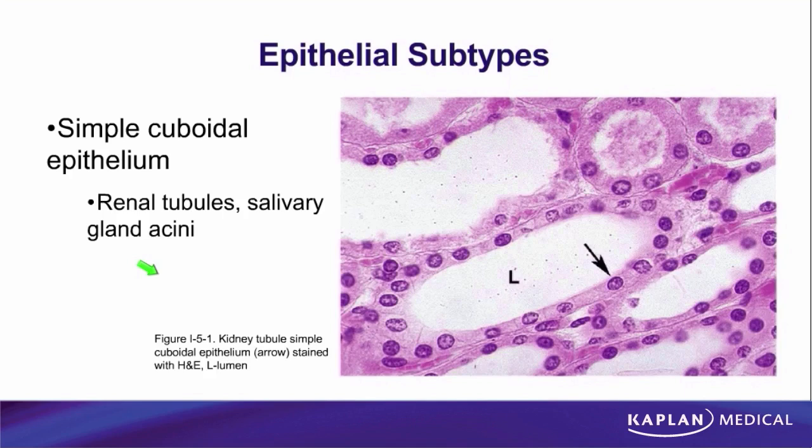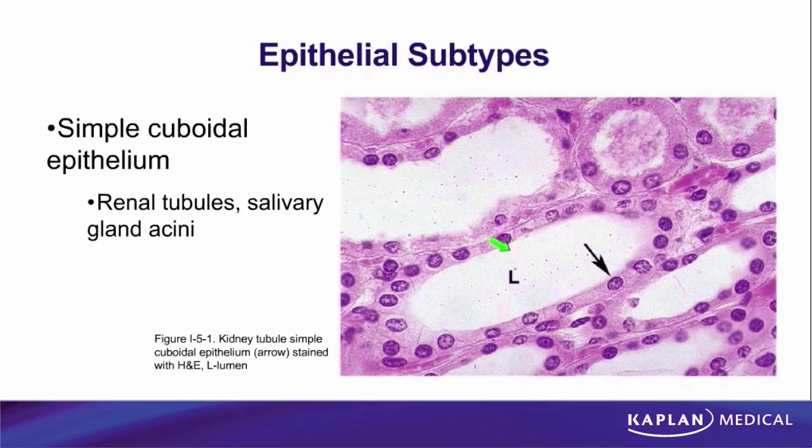So, for example, looking at this epithelium on this slide, here's the lumen, there's the basement membrane. We can see there's only one cell layer separating the basement membrane from the lumen. And so this would be a simple epithelium. And that cell that's at the surface is cuboidal in shape. It's about the same dimension in this direction as it is in that direction.